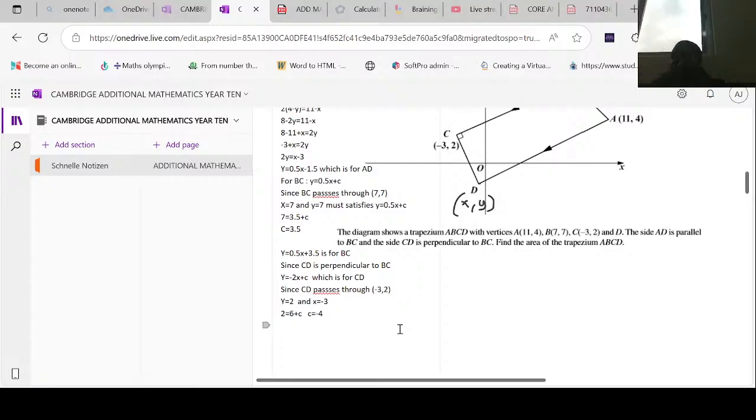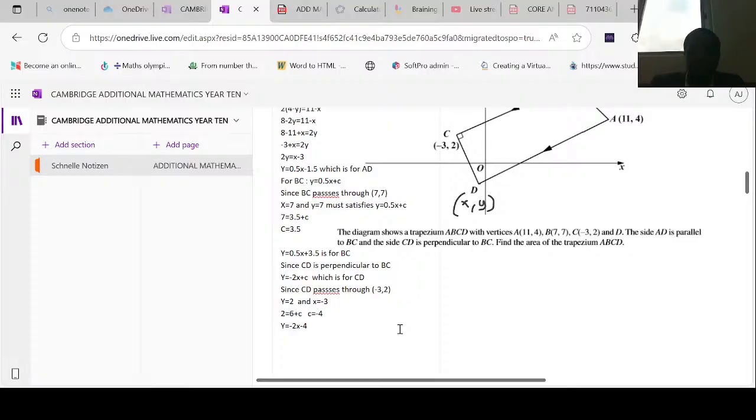So where they meet is how we are going to find the coordinate. So now we have two lines. Let's look at the equation of line CD. The equation of line CD is y equals negative 2x minus 4, and CD and AD meet.